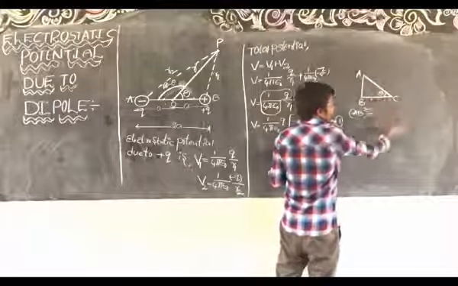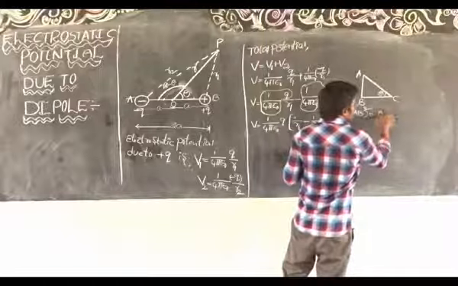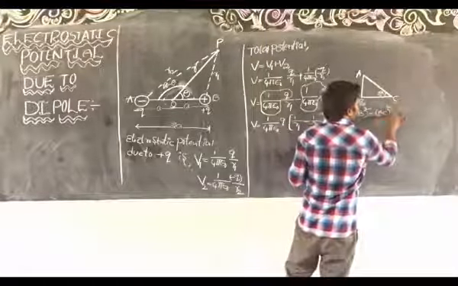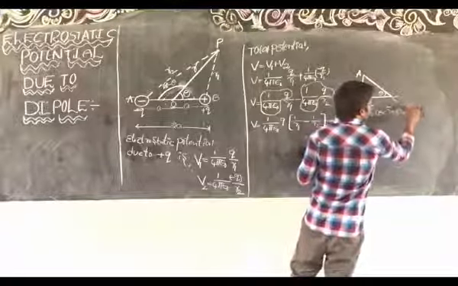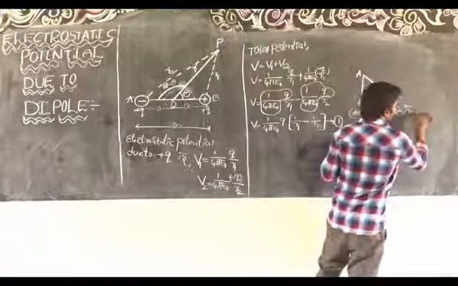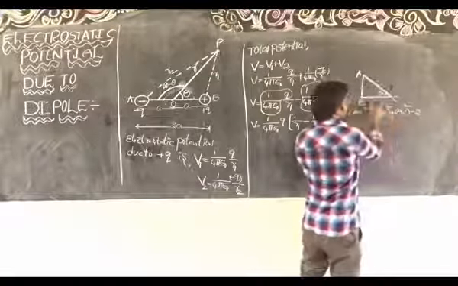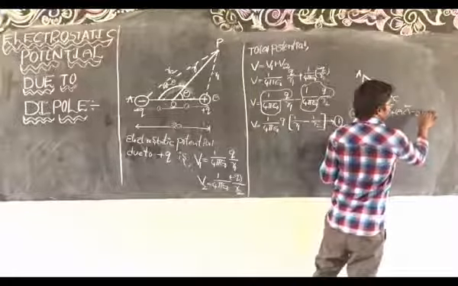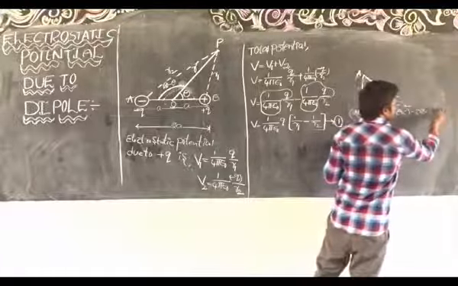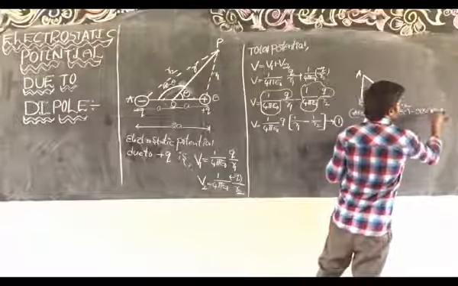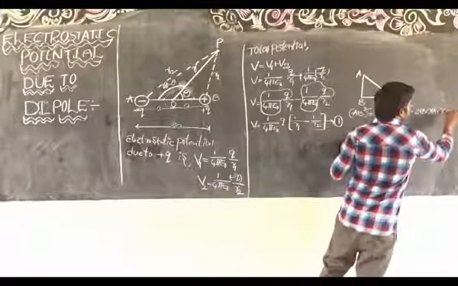BC and AC. So BC whole square plus AC whole square minus 2 into BC into AC cos theta.